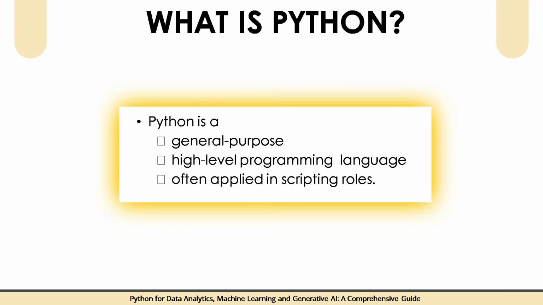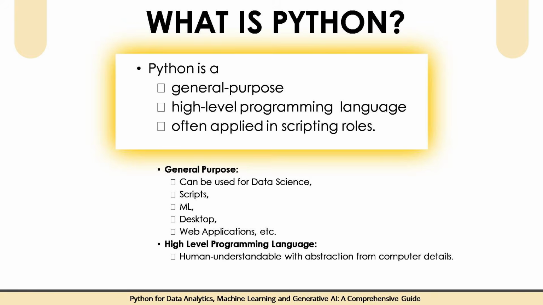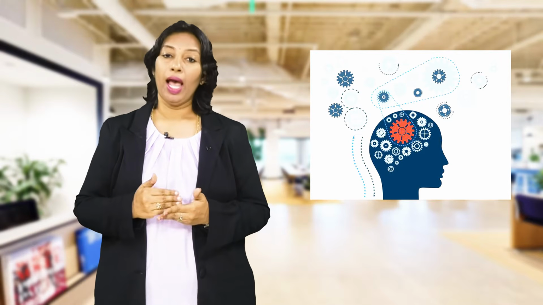What is Python? Python is a general purpose, high-level programming language. Let's break that down. General purpose means you can use it anywhere: data science, automation, AI, web development, etc. When we say a programming language is high level, it means that the language is designed to be closer to the way humans think and communicate rather than the way computers actually work.